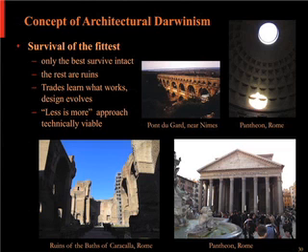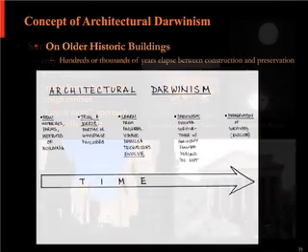So when we look at an ancient building that survived for hundreds of years, what are we really seeing? Well, we know that only the best survive. So in a sense, it's kind of a skewed population. The lemons are all gone. Mother Nature has weeded them out. It doesn't necessarily mean that when you look at a ruin, like the Baths of Caracalla at the lower left, that they were poorly designed, because other things come into play.